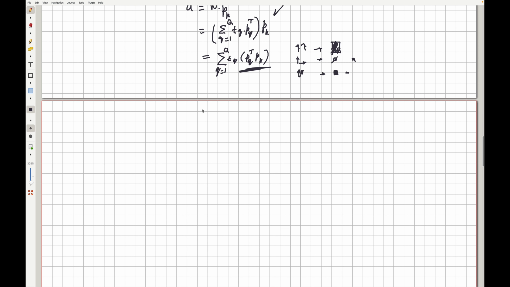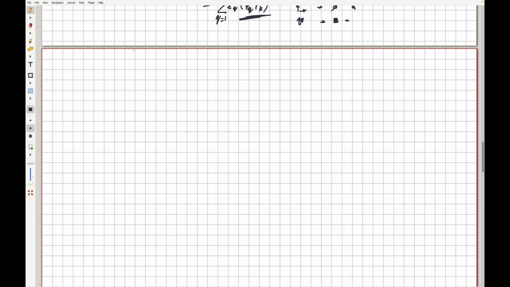So let's look at this a little more. If all the stored inputs that we use to create our weight matrix, the P1, P2, all the way up to PQ, are all orthogonal, then if we do this dot product PQ transpose PK, what would happen is we would get a value of 1 if the PK is in the same direction as the PQ.